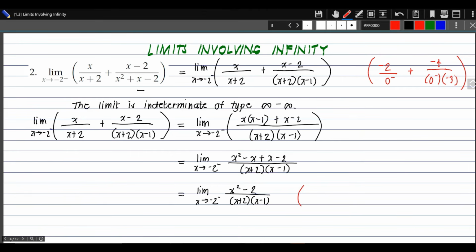In this form, the numerator goes to 2, x plus 2 goes to 0 through negative values, and x minus 1 goes to negative 3. So we have a positive constant in the numerator, and the denominator goes to 0 through positive values. So the limit is equal to positive infinity.